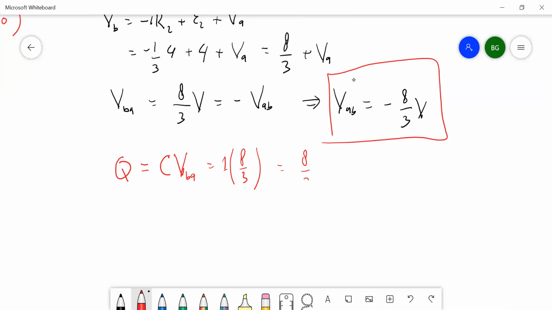So this is 8/3. Sorry, this is coulomb, okay? The units, this is the capacitance. Sorry, I have to use the same symbol.